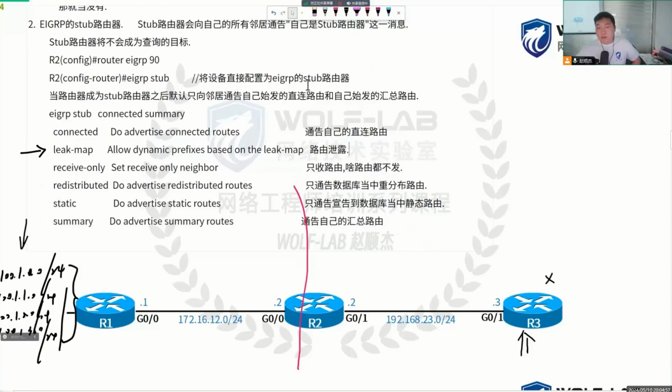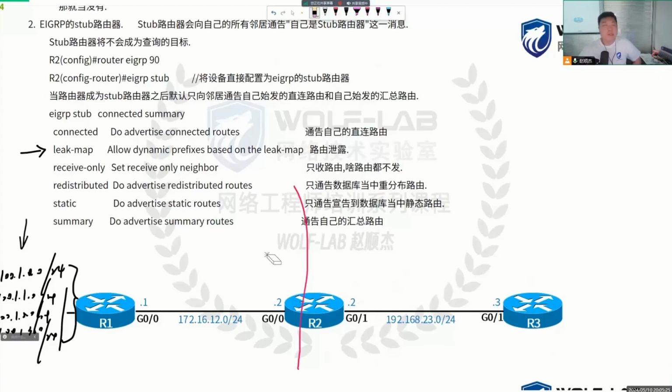Becoming a boundary router can greatly reduce the number of routing entries needed by the subsequent devices. We can also leak out the necessary routing entries for the subsequent devices. This is our leak map. The leak map requires some specific components which are quite unique. These will definitely be used in our future network studies.